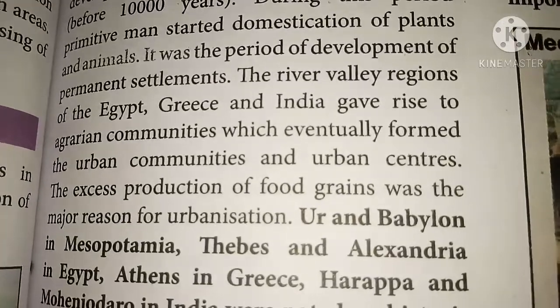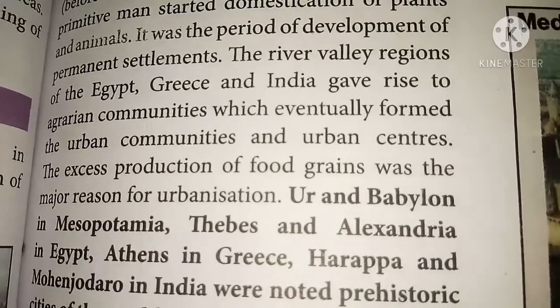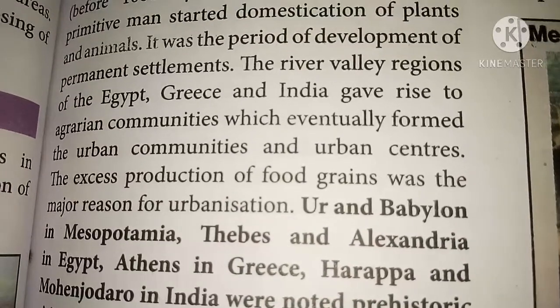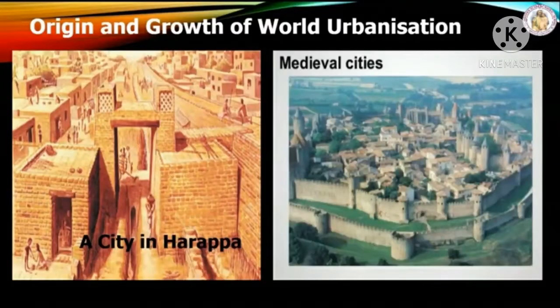The excess production of food grains was a major reason for urbanization. Ur and Babylon in Mesopotamia, Thebes and Alexandria in Egypt, Athens in Greece, Harappa and Mohenjo-daro in India were noted prehistoric cities of the world.